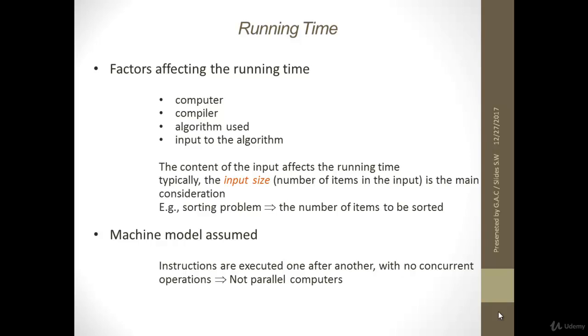In the sorting problem, it is the number of items to be sorted. If you are sorting two numbers, it's easy. If you are sorting millions of numbers, then you can understand it takes time. The machine model assumed is that instructions are executed one after the other with no concurrent operations, no parallel computers.